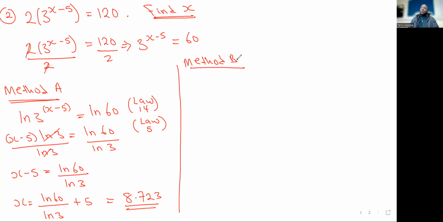So in logarithm, what do we do? I told you in law 14 as well that you can get rid of an index by taking the log to that index. So to get rid of this 3, I will take log 3 to both sides. So we're going to have log 3 of 3^(x-5) will be equal to log 3 of 60.